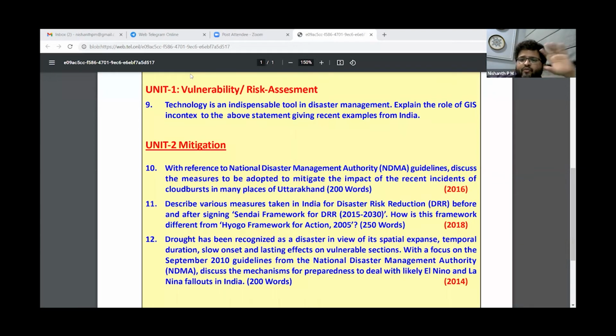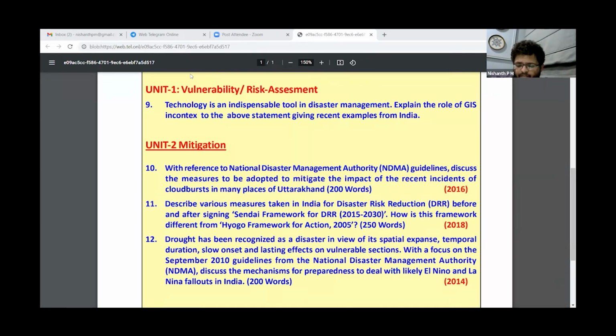This is the main focus of the Sendai framework, which was signed in 2015 and runs up to 2030. So the main focus was now on PMRR, and significant amendments were done to the National Disaster Management Plan with regard to these 4 issues pertaining to all the disasters.